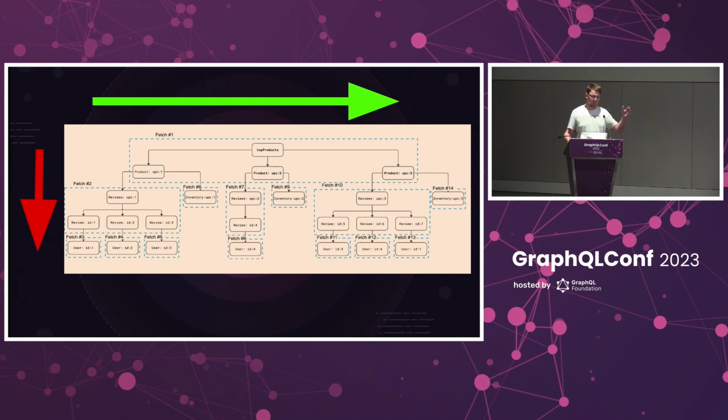So you open the brackets, and then you have an object, and when you want to create a list, you open brackets again, you create a list item, etc. So it's always depth first, and that makes a lot of sense, and it's super intuitive. Every GraphQL server does it that way. And if you build an API gateway, and you see this pattern, you think that's the right way to go. So you implement it also that way.